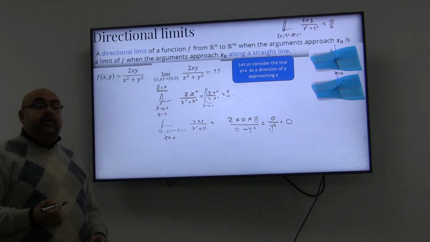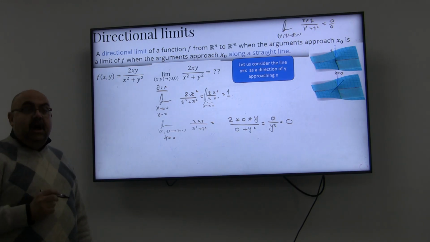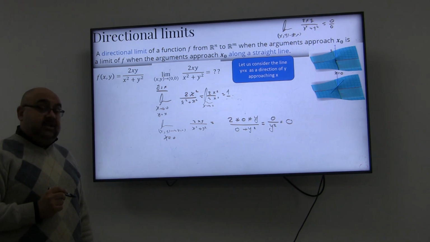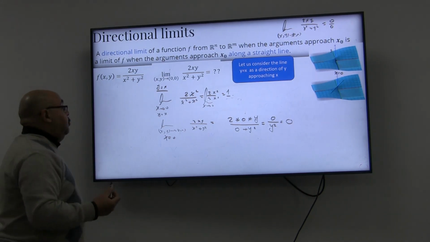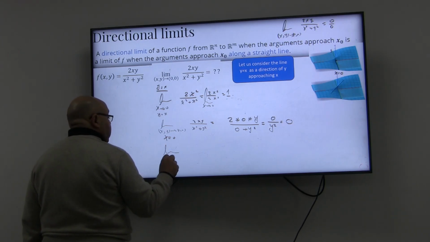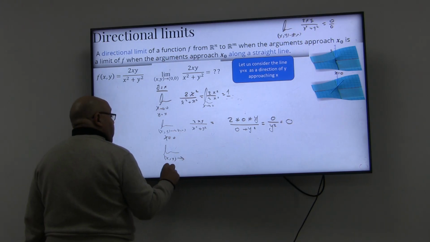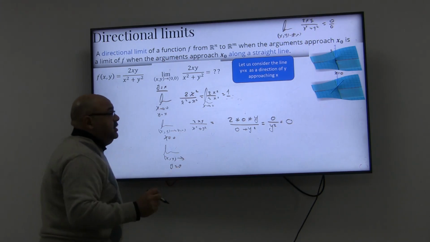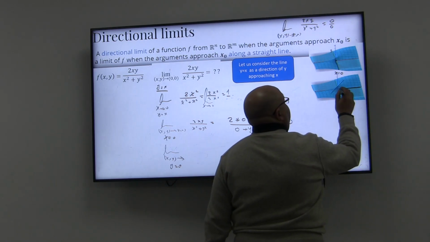I've tried through the y-axis, the limit is equal to 0. I've tried through y equal to x, the limit is equal to positive 1. Now what if I tried exactly the same, using the line y equal to 0? In this case, I will approach the origin using the x-axis.